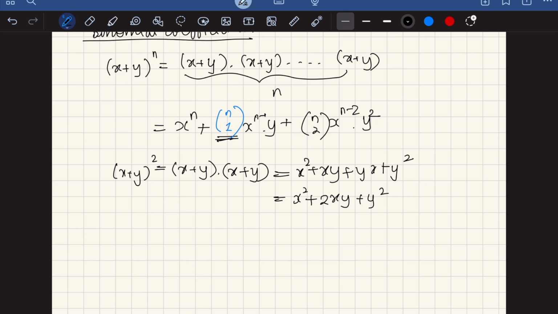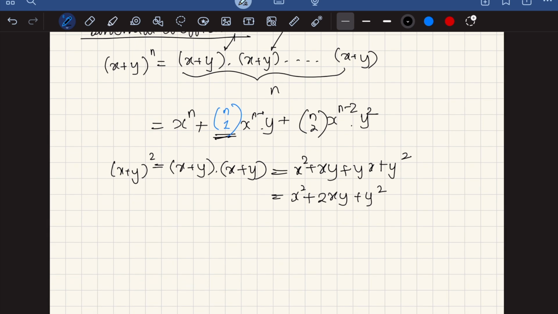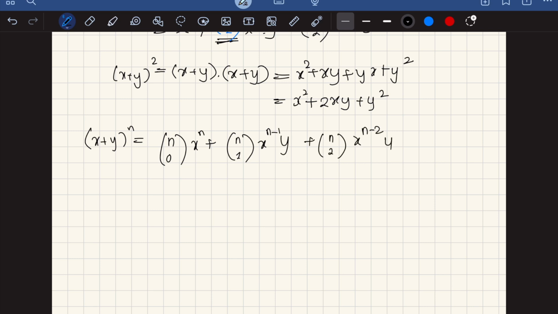So you get the idea what the expansion would look like. This is same as n choose 0 x to the n plus n choose 1 x to the n minus 1 y plus n choose 2 x to the n minus 2 times y square, and so on, and n choose n y to the n. Okay, so if you try to write this as a summation, what would it be?